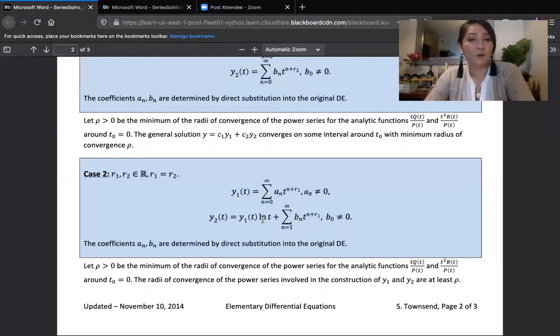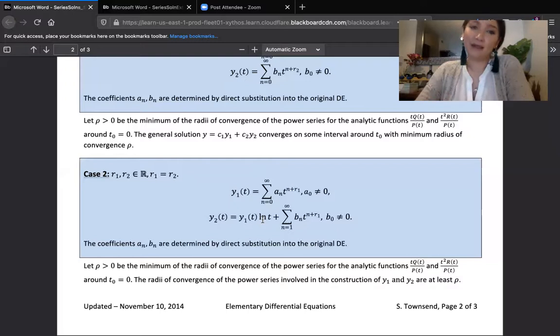Now, since y1 is a solution to the differential equation, there are going to be expressions involving y1 and natural log of t that if you group them all together, since y1 is a solution, when you plug that into the differential equation, you should get 0. So a bunch of terms are going to cancel because y1 is a solution.